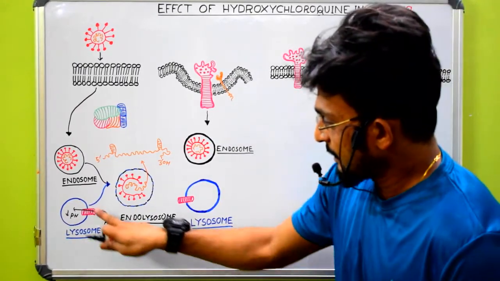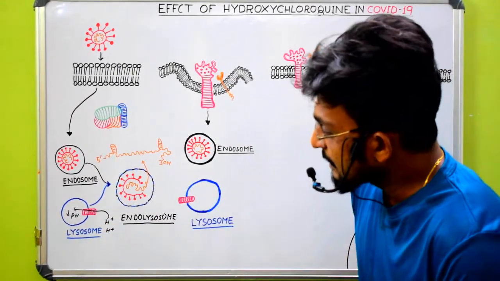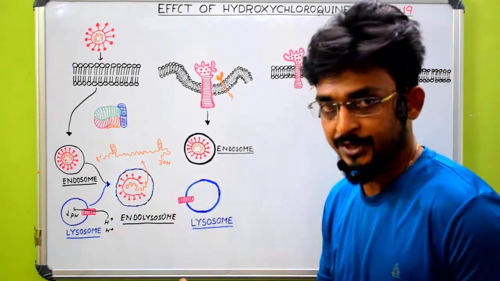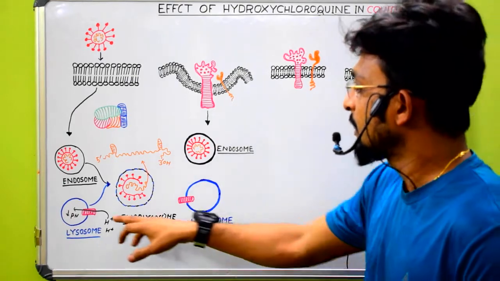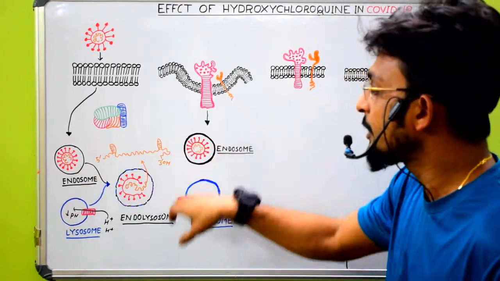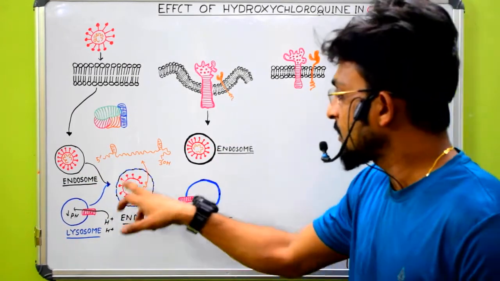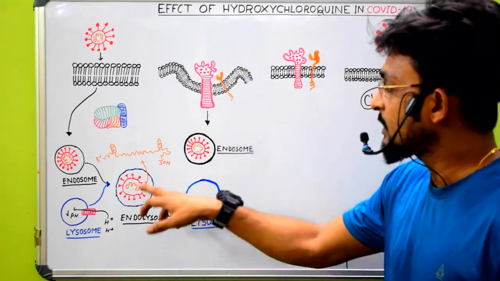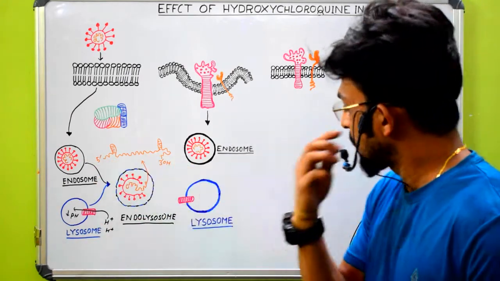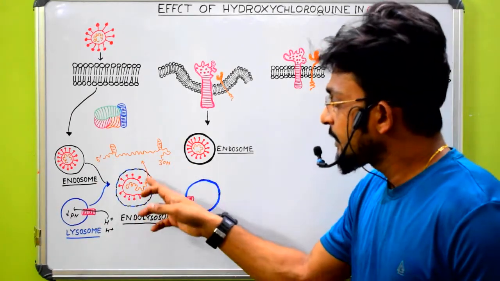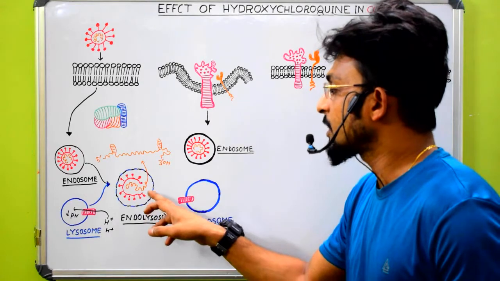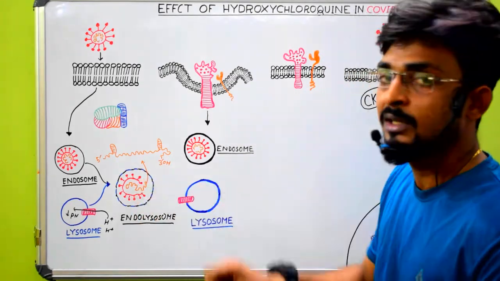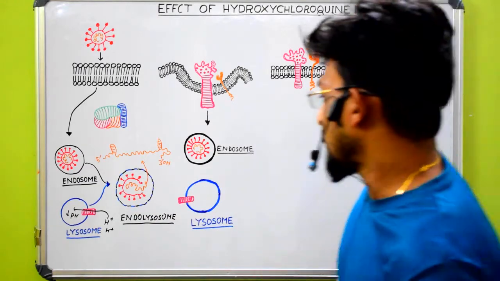And after that, what will happen? As the pH is decreased, the acidity is increased. Now in this acidic environment, once the lysosome is fused with the endosome, the endolysosome is formed, which has a higher acidity level. The acidic environment of this endolysosome helps the virus release its RNA.